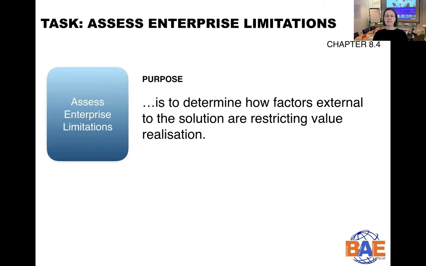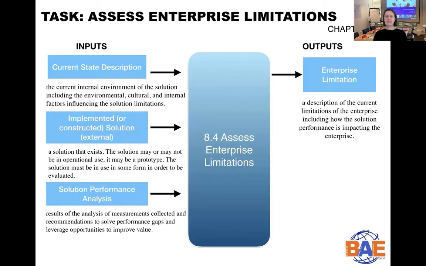And then the second last task is assess enterprise limitations. This is, as you would remember, to determine how factors external to the solution are restricting the value realization of the solution. So let's look at what comes in here. As an input, we've got the current state description.